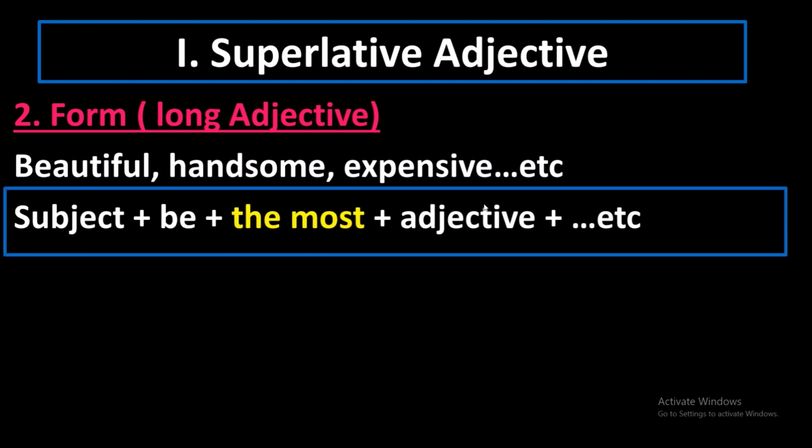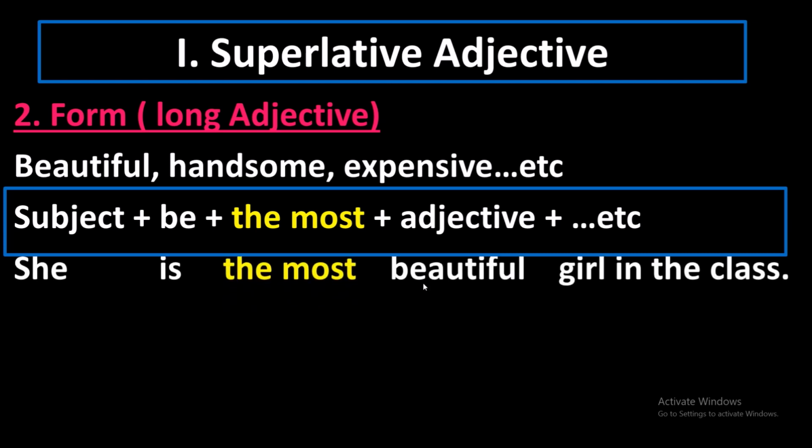This is different from the short adjective. Subject plus be plus the most here, not the plus adjective plus est anymore. So we use the most for the long adjective, plus adjective. Let's take a look at an example.